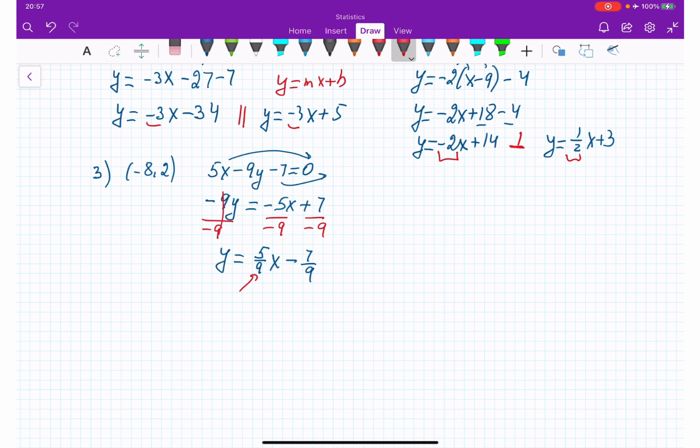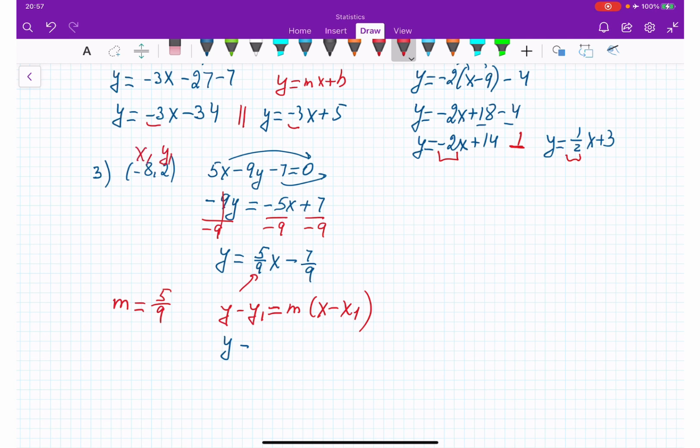So m is equal to 5 over 9. We need to write down the equation, the graph of which is parallel. To have parallel, I'm going to use the same slope, and then y minus y1 equals m times x minus x1.